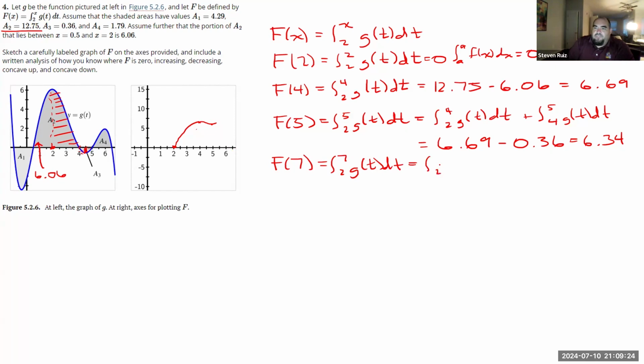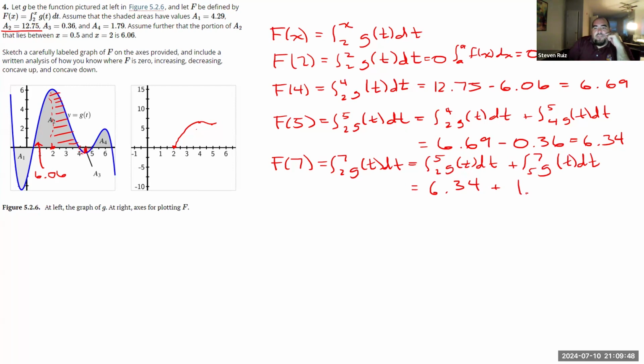We know what the integral from 2 to 5 is of g of t dt, plus the integral from 5 to 7 of g of t dt. The integral from 2 to 5, that's the same thing as f of 5, which we just said is 6.34. But what's the integral from 5 to 7? That is going to be whatever they say area 4 is.